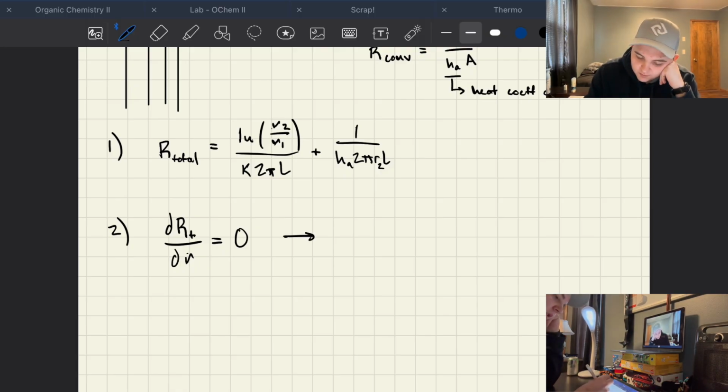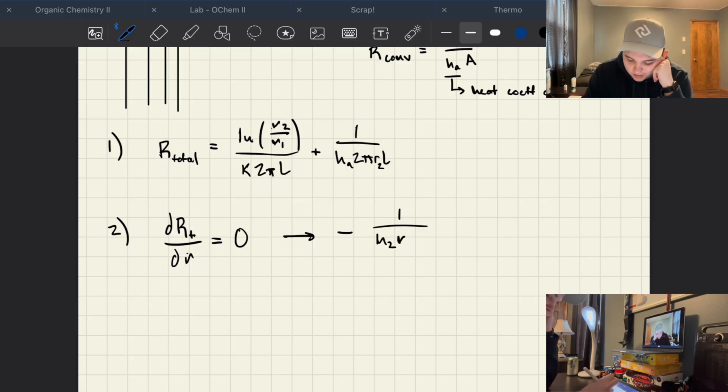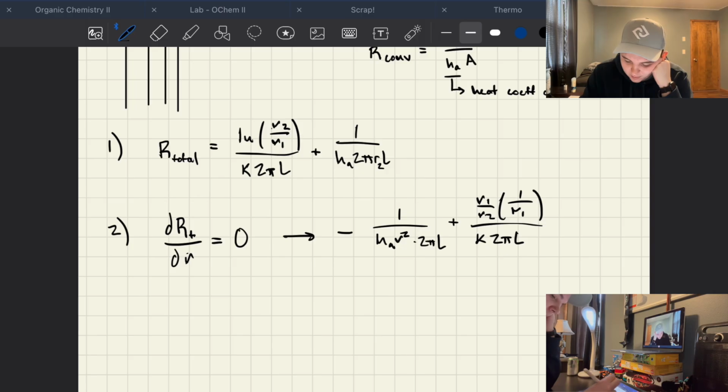So we can further go into that. Sorry if there's any commotion, it's really windy. So we're going to have negative 1 over HA R squared times 2 pi L, and then that's going to be plus the derivative. So R1 over R2 times 1 over R1, over just the same value, 2 pi L. So we can already see things are going to cancel.